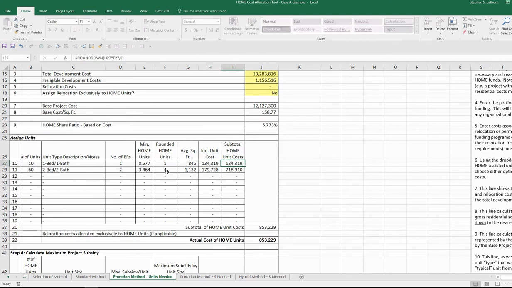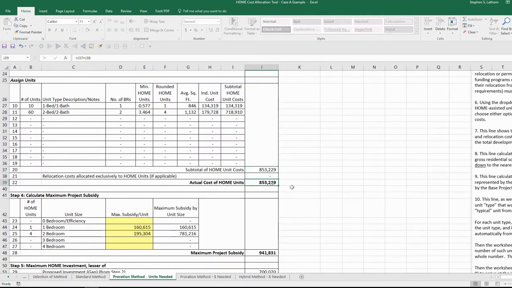So down here we have 4 units costing $179,000 each, yielding a total of about almost $719,000. We add those together. The subtotal is $853,229. That is the actual cost of the home units, confined only to the eligible home cost.